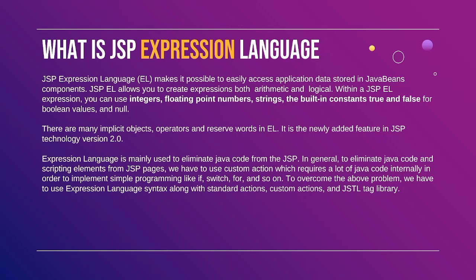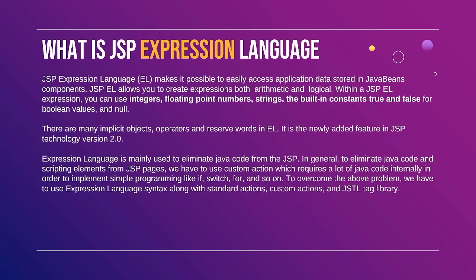So Java has introduced the expression language, which is a very easy method that users could utilize to get the job done and simplify the code that usually takes a long time and many lines of code.